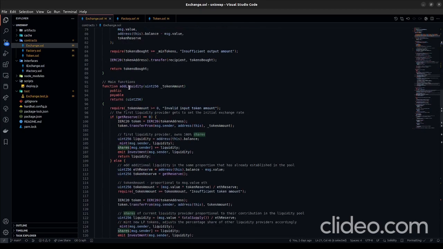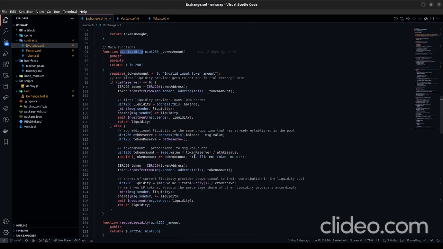We'll have a look at the add liquidity function first. There are two cases in this. If there are no tokens in the liquidity pool of the exchange, then the user is the first liquidity provider and gets to set the initial exchange rate. We mint the liquidity provider tokens, and set the value in the mapping accordingly.